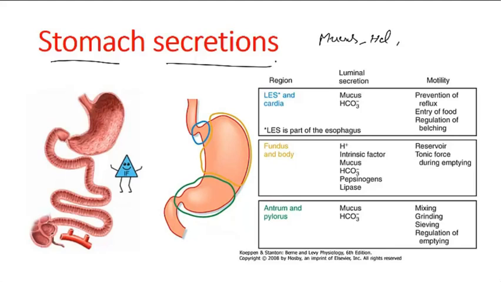The mucus protects the stomach from self-digestion, also known as auto-digestion, by neutralizing the stomach acids present there. This mucus also inhibits the activity of the protease known as pepsin.